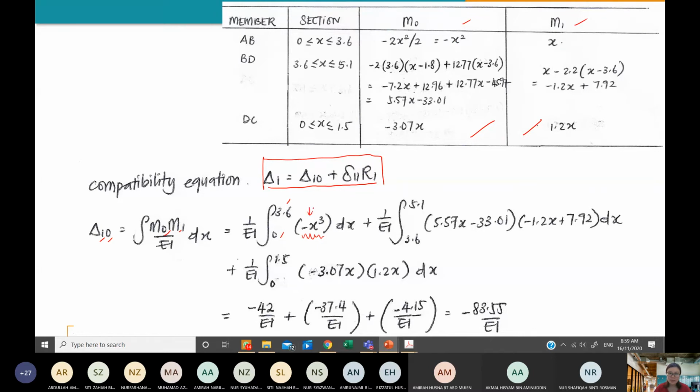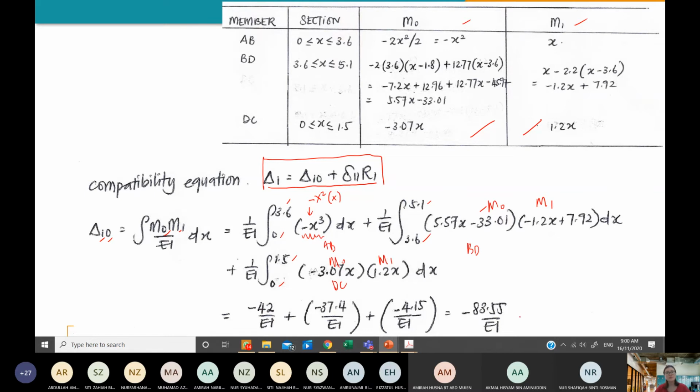So how to get this is negative x squared multiplied by x. There is nothing strange here. This is for AB, and this is for BD. This is M0, this is M1, and this is the range 3.6 to 5.1. And this is for DC, from 0 to 1.5. This is M0, this is M1.